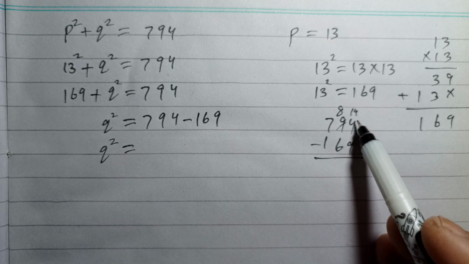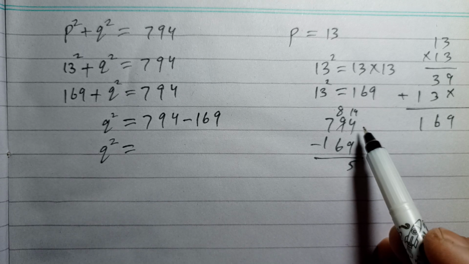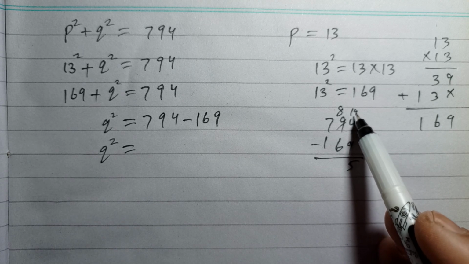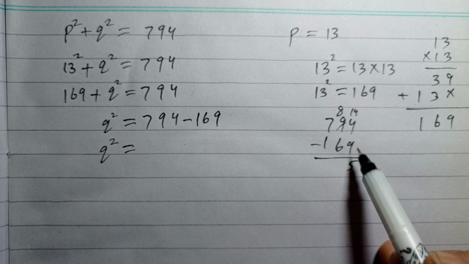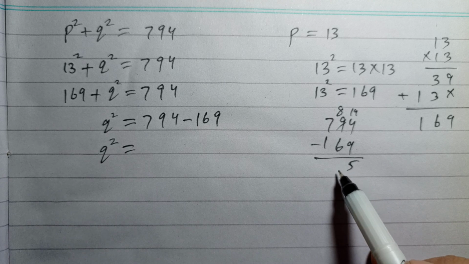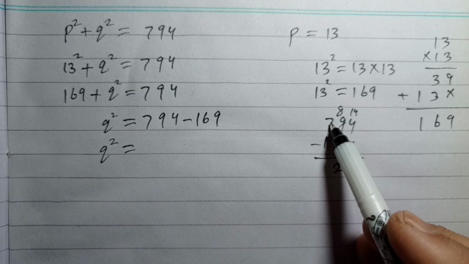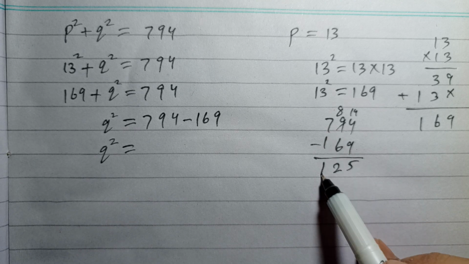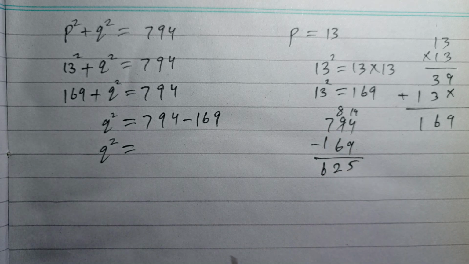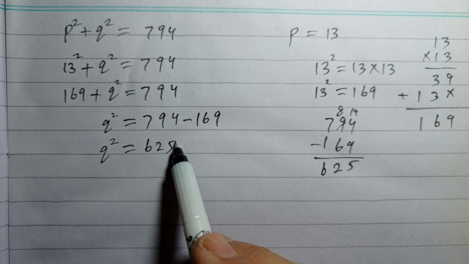From 14 you remove 9 and you get 5. From 8 subtract 6, you will get 2, and 7 from 7 remove 1, you will get 6. So it has become 625. You will write here 625.